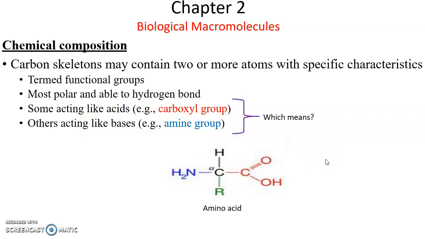They have different special chemical properties they bring to a larger organic molecule. So here is a simple amino acid. The central carbon is attached to an amine group, which acts like a base, and a carboxyl group that acts like an acid, and an R group, which is another functional group that is different from amino acid to amino acid. So it could have different chemical properties.